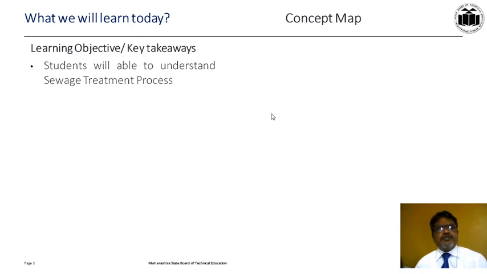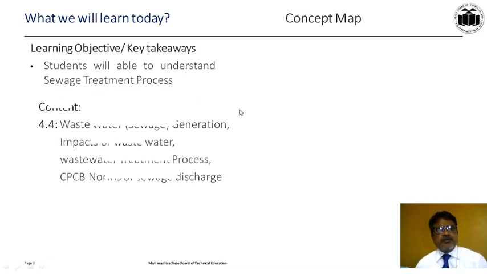The learning objective of this lecture is the student will be able to understand the sewage treatment process, and the content for this learning objective is 4.4 wastewater generation, impacts of wastewater, wastewater treatment process, and Central Pollution Control Board norms for sewage discharge.